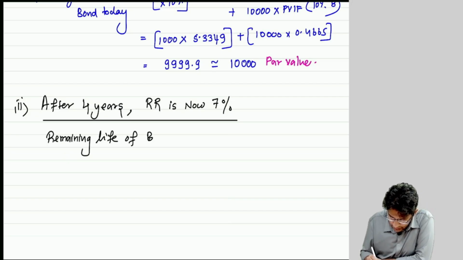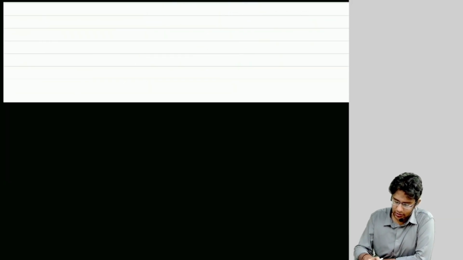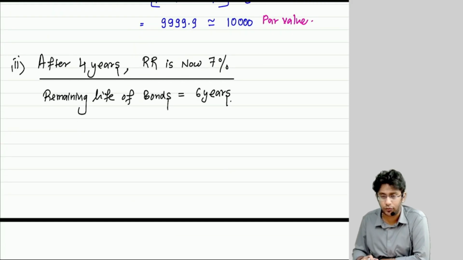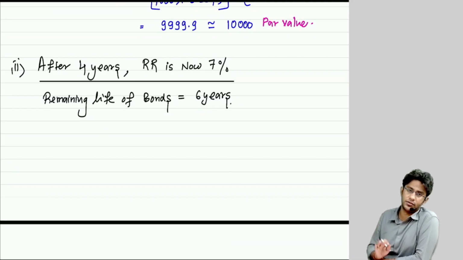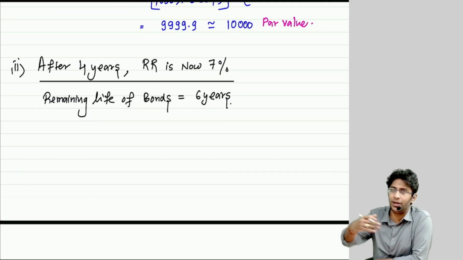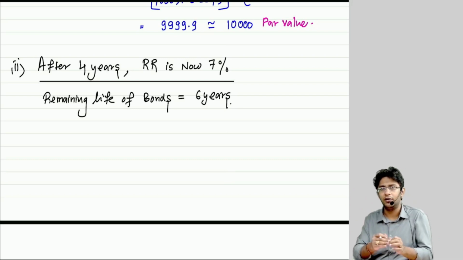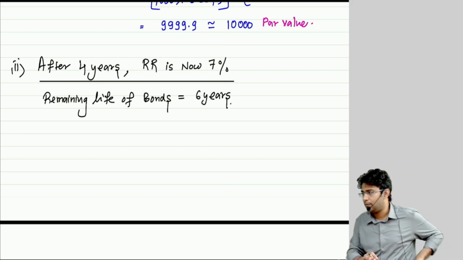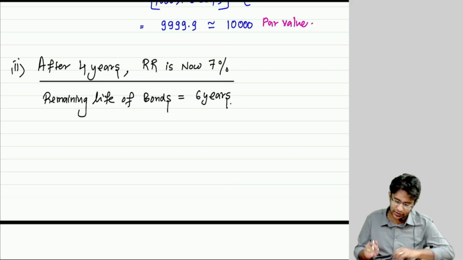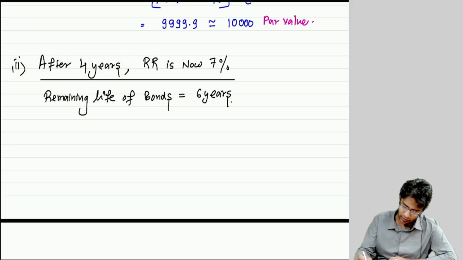Remaining life of the bonds is equal to 6 years. Sir, for bond price you have to take future cash flows. Future cash flows means remaining maturity, not original maturity. From wherever you stand, discount the future cash flows. Past cash flows, how can you discount into today's value? Only future cash flows you have to discount.